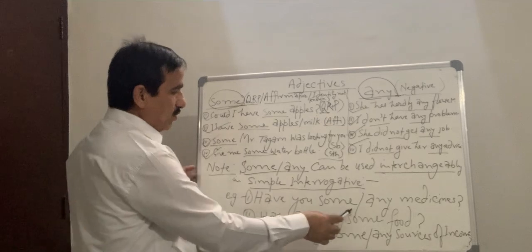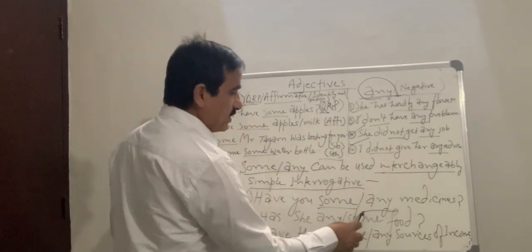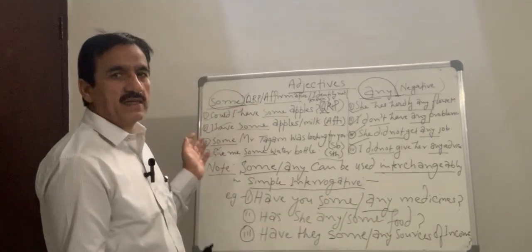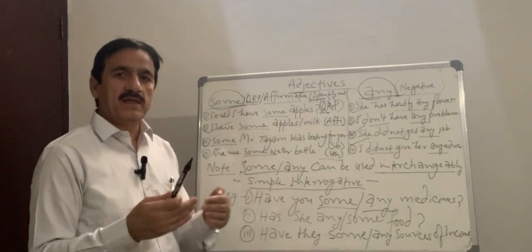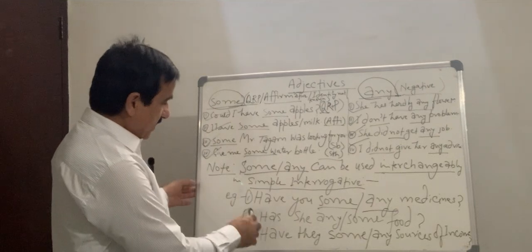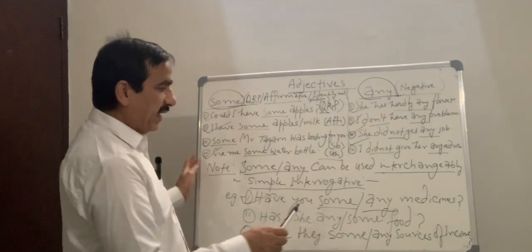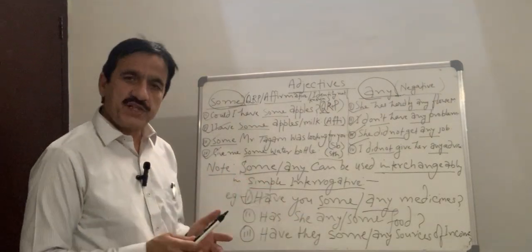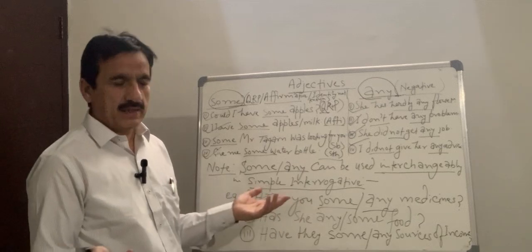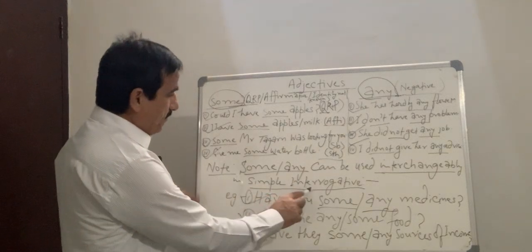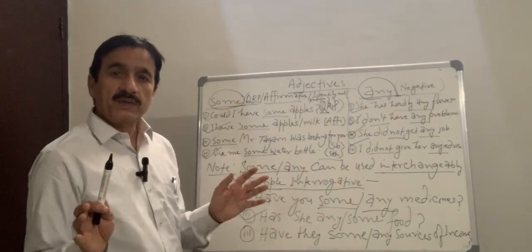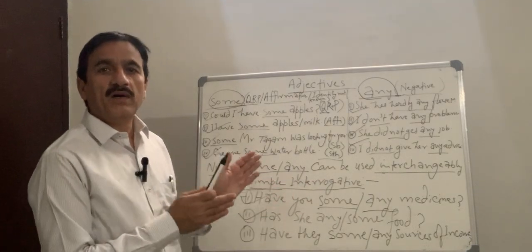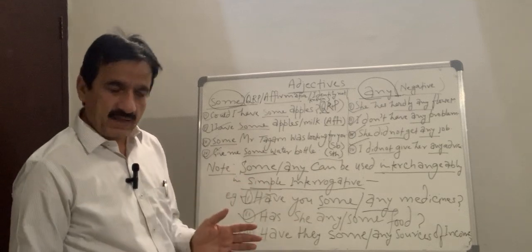It means you use some or you use any. Both ways are correct. This is why they are used interchangeably. Has she any food or has she some food? Both correct. So in a simple interrogative, in a simple question, you can use either of the two, some or any.